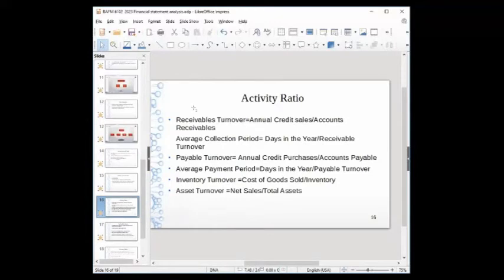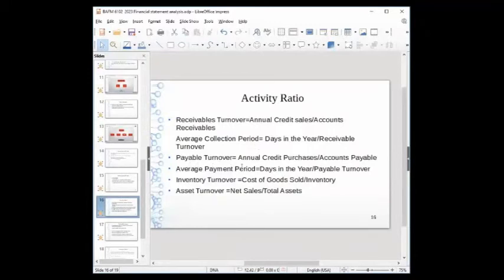To compute the receivables turnover, you use your annual credit sales divided by your accounts receivable. The average collection period is the days in the year divided by the receivables turnover.